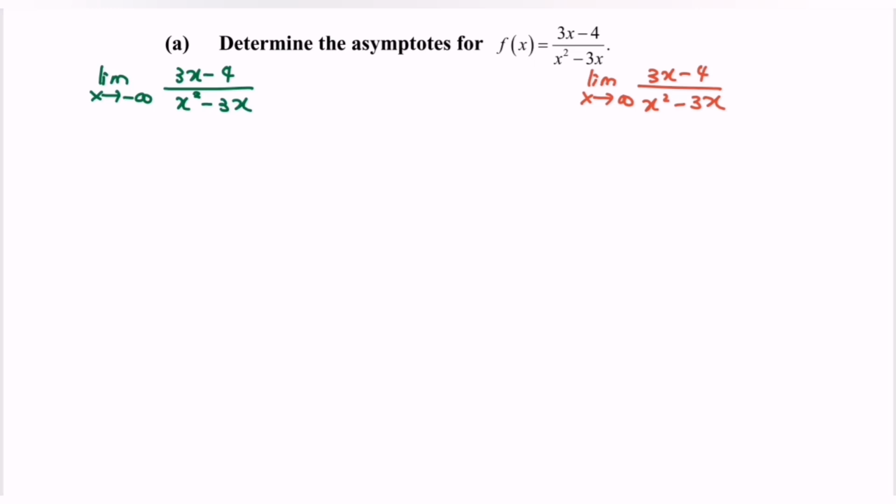If we substitute negative infinity into the function, we will obtain negative infinity over infinity, where we have the situation we call the indeterminate form.